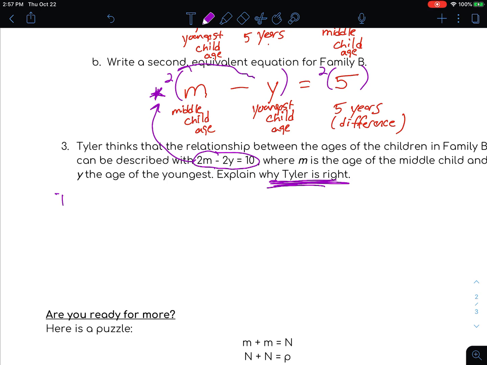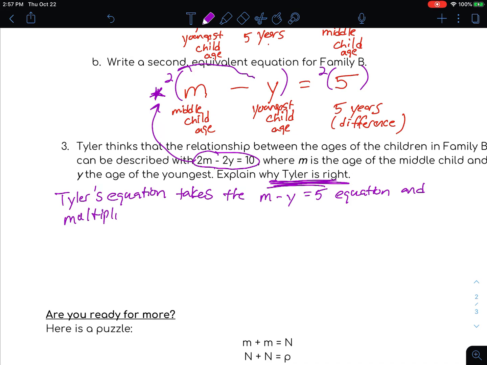So Tyler's equation takes the m minus y equals 5 equation and multiplies both sides by 2.